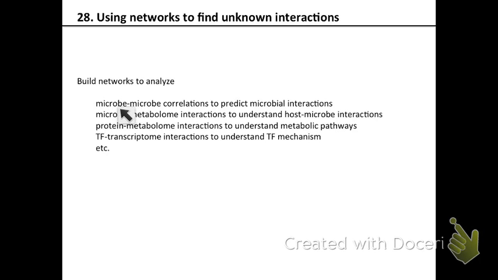So how can you do this? For example, you can look for microbe correlations to predict microbial interactions. We talked about microbiomics, and that might allow you to look for microbe interactions. Let's say that you're working in a gastrointestinal disease lab, and you want to know which microbes are interacting with each other.